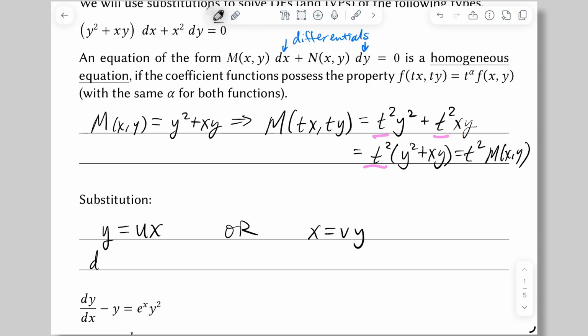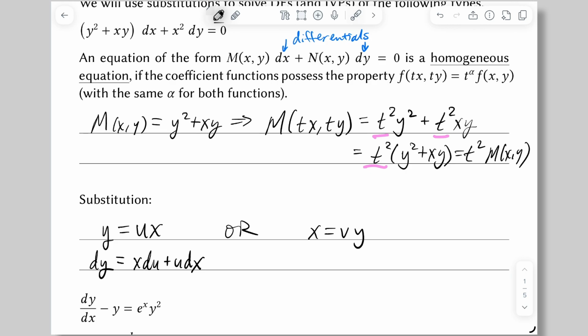So when I differentiate on both sides, I'm going to differentiate using differential notation. On the right-hand side, ux, u should be considered to be a function of x, and so we're going to use the product rule. And so dy is equal to x du plus u dx.